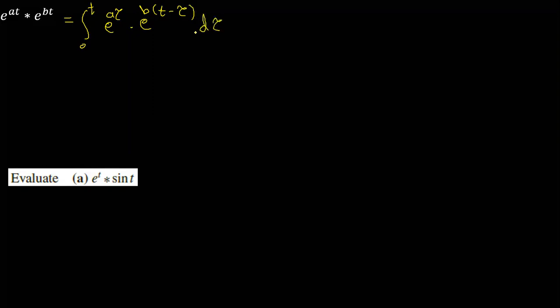This is the definition. Now I'm going to simplify my function here by multiplying the b inside. So I have the integral from 0 to t of e to the a tau times e to the bt times e to the negative b tau, d tau. Don't forget, you need to find the integral with respect to tau.